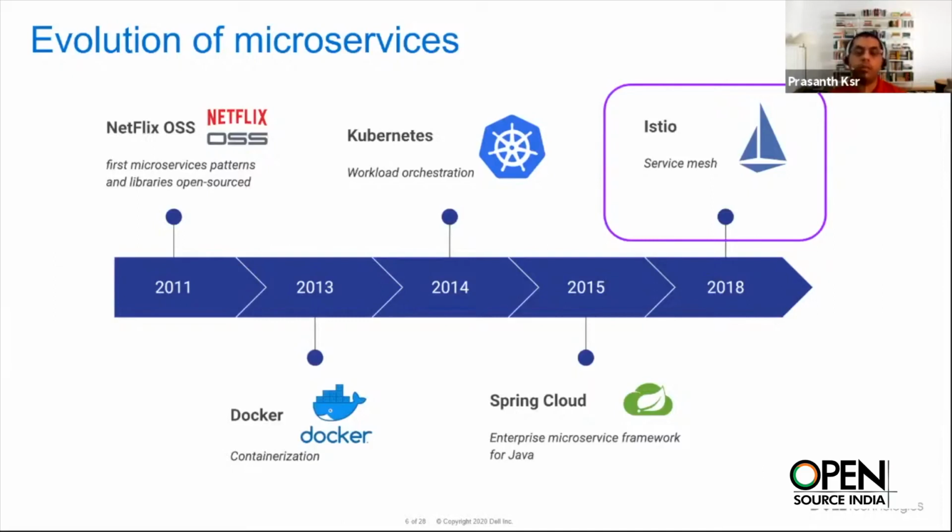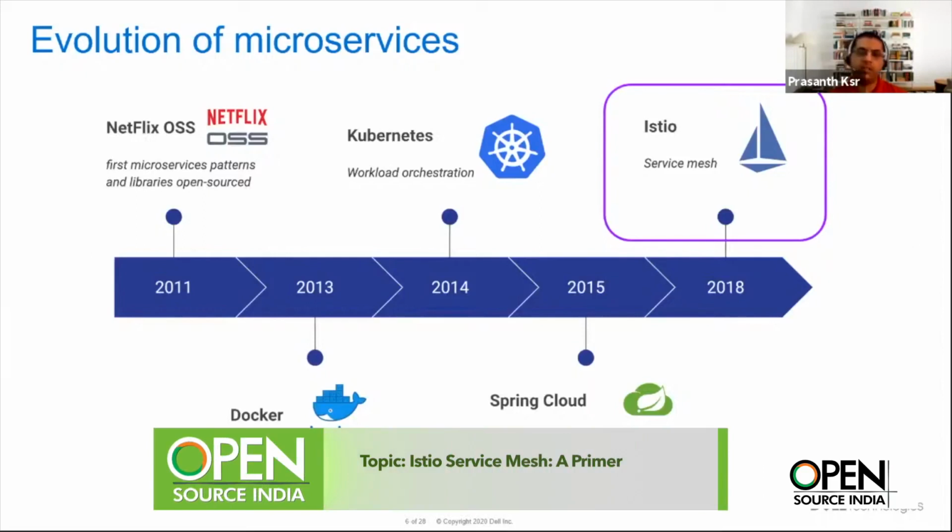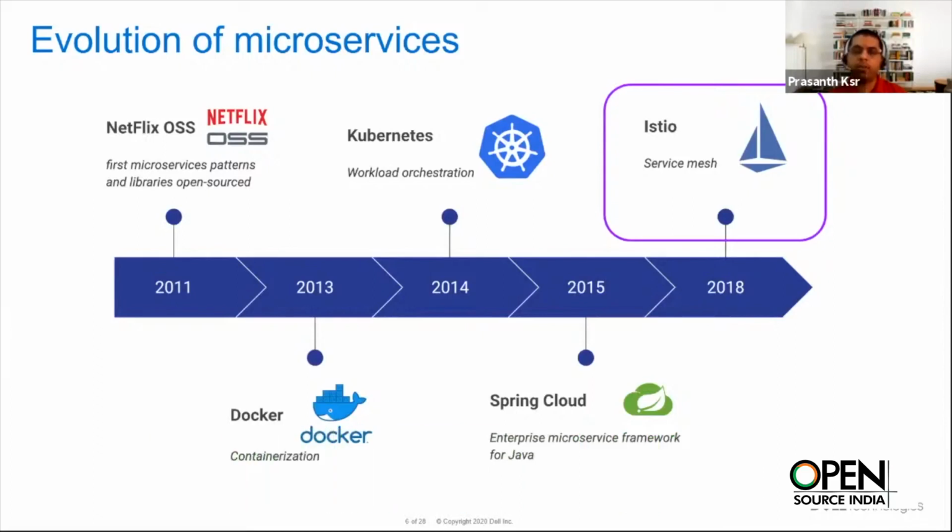That's where Google came up with a workload orchestration around this containerization, which is called Kubernetes. Kubernetes is a great tool, definitely, but it has its own limitations when it comes to interconnection of pods. It does not have tracing of individual requests. It gives an overall health of the pod or the cluster, but it does not give granular level details.